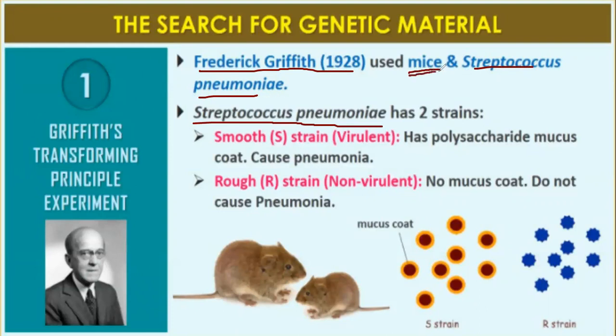Okay, by taking mouse also along with that, he conducted the transforming principle experiment. Streptococcus pneumoniae, he used two strains to identify this pneumonia causing bacteria: one is S type and one is R type.